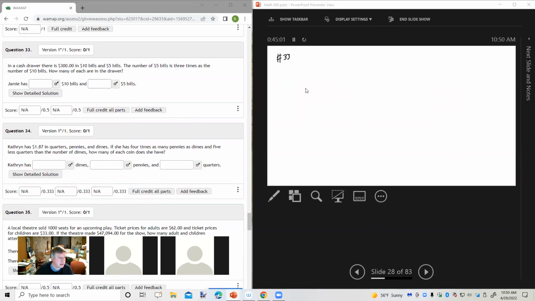So number 33, in a cash drawer, there is $300 in $10 bills and $5 bills. The number of $5 bills is 3 times the number of $10 bills. How many of each are there in the drawer? This is very much like a problem we did earlier, just different numbers.